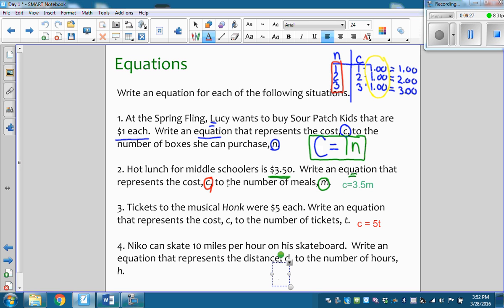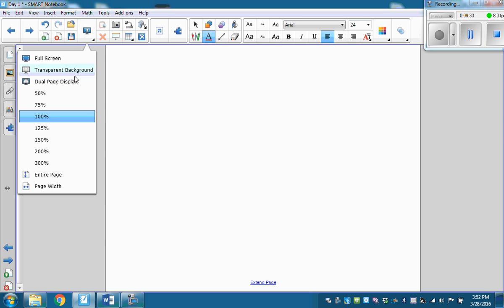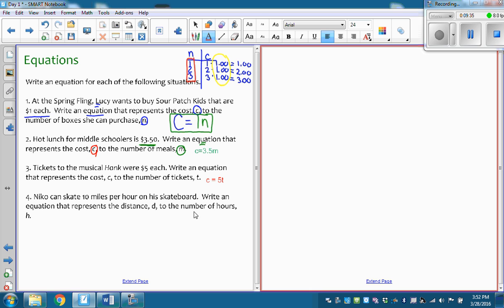So on that problem, think about a little bit more here. We know that we can make a little table here and figure out his distance, because it depends on his rate.